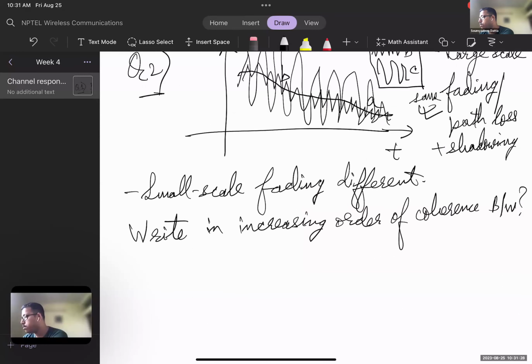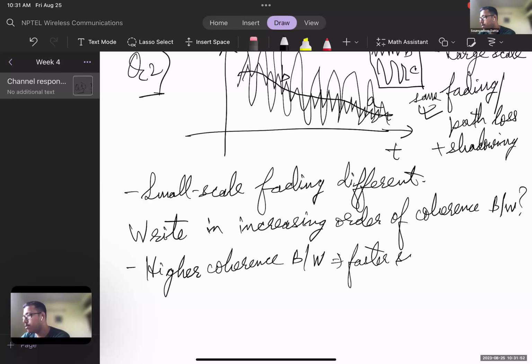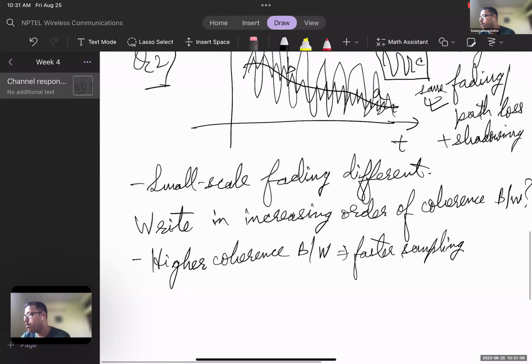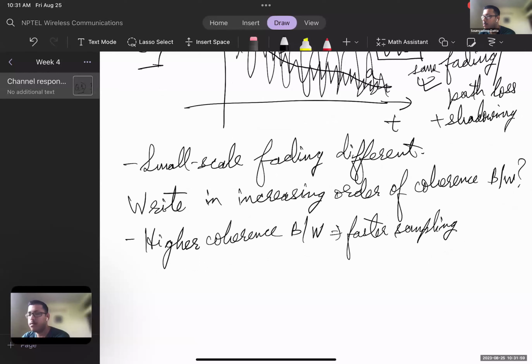So essentially higher coherence bandwidth, coherence frequency, indicates faster sampling, which typically indicates fast fading, right?